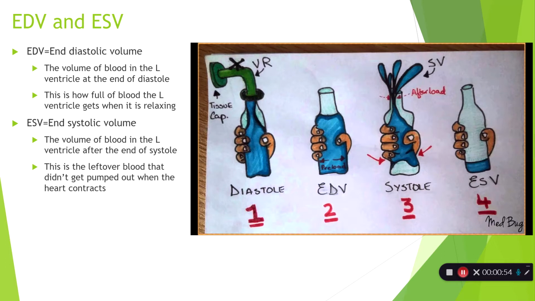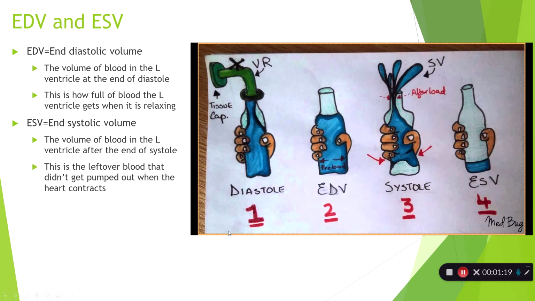By the heart, I mean that we're going to be referring to the left ventricle for most of these. So when you measure your EDV, you're measuring the amount of volume of blood that is left in the heart at the end of diastole.